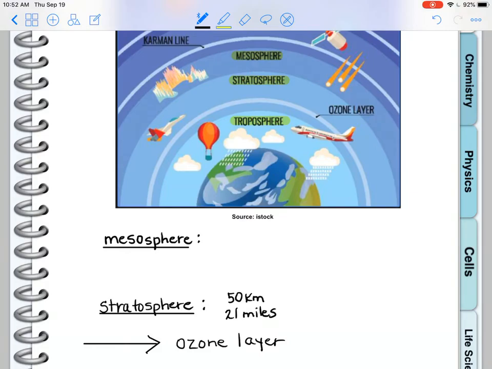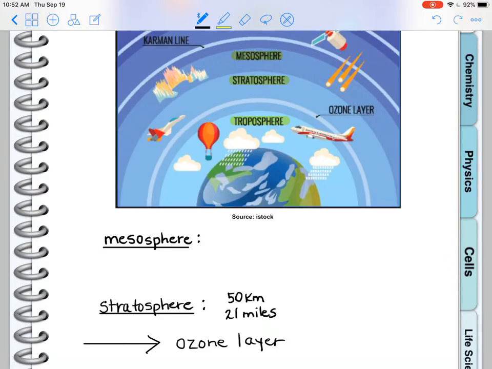And this is where you see satellites, you see radiation, meteors. This is not a habitable area for humans. Even if you notice the fighter jet here, sometimes they need special protection from the stratosphere layer.